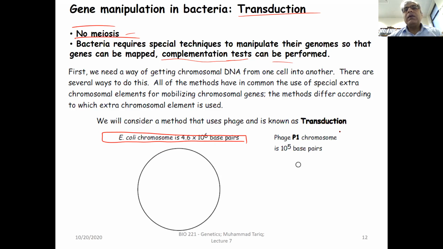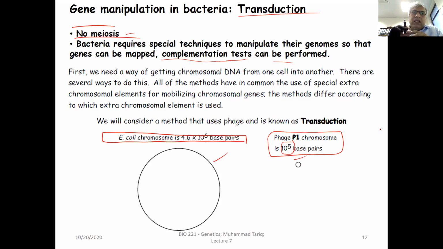The bacteriophage P1 genome is 10 to the power 5, which is 100,000 base pairs. So this is the size of the bacterial genome, and this is the size of the phage genome.